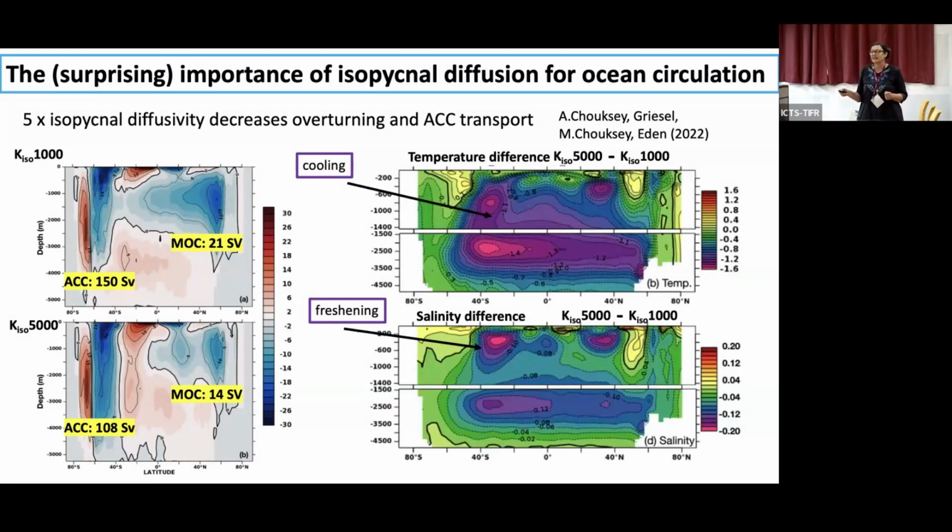What you can see in the temperature difference is a cooling predominantly equatorwards of the 40-degree latitudes, and there's also a freshening. So the effect on salinity is a freshening equatorwards of those 40-degree latitudes.